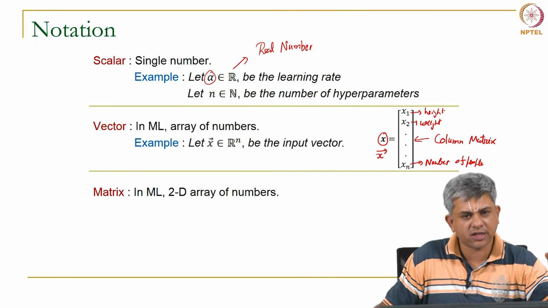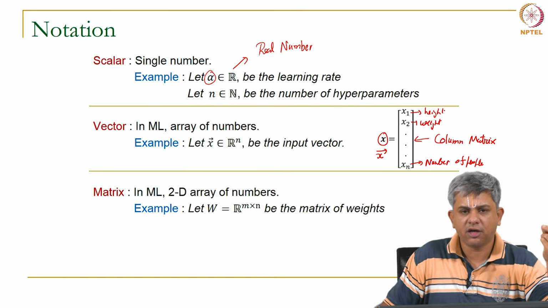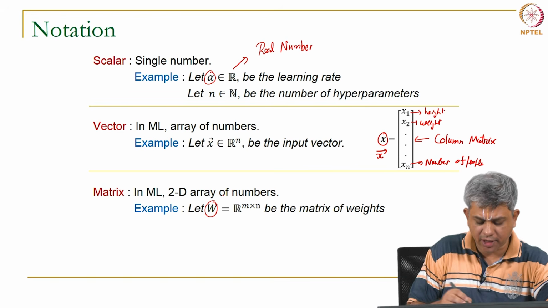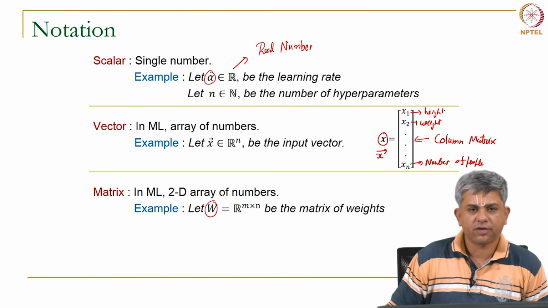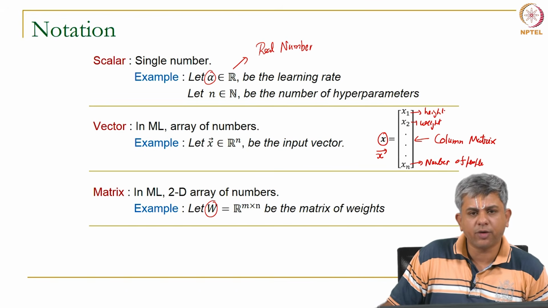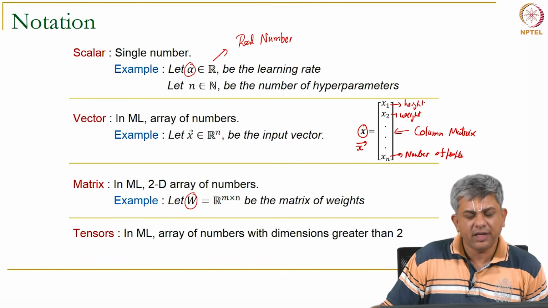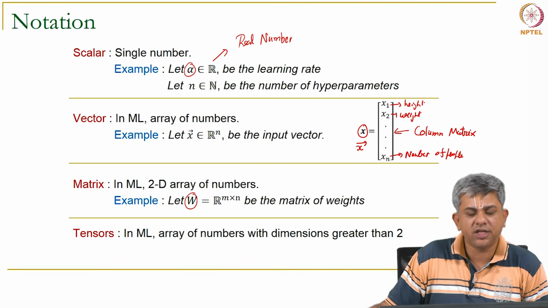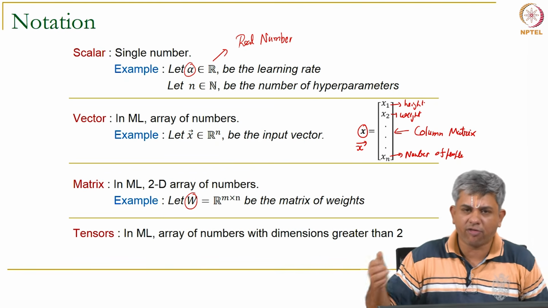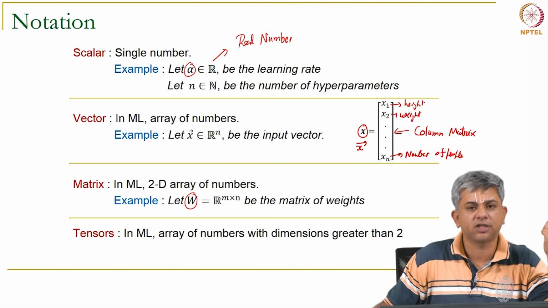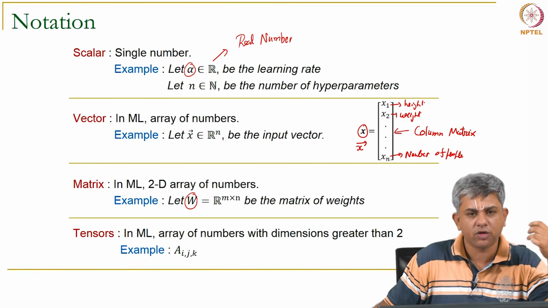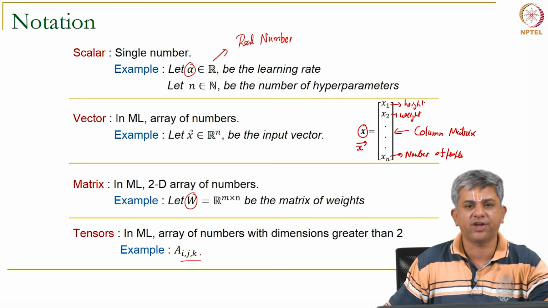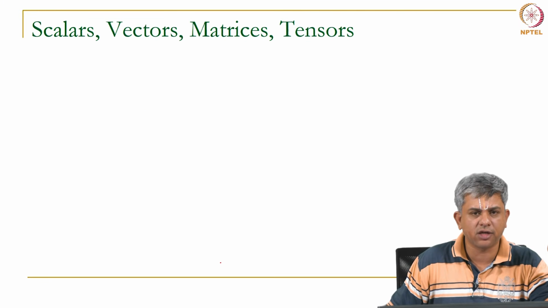Of course, you have the next level, which is a matrix. This means that W is an m cross n matrix, and it is simply a 2D array of numbers. In general, we use the term tensors for anything which is a series of numbers with number of dimensions greater than 2. In that case you will denote it by the subscript a i j k. Let us look at this in some more detail.